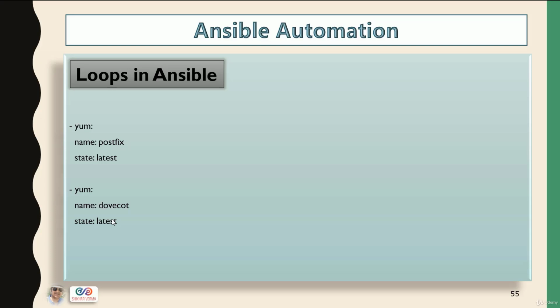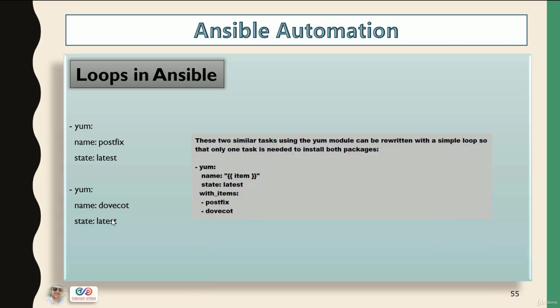But with the help of loop you can simply write the same task in this way as well. So these 2 similar tasks using the yum module can be rewritten with a simple loop so that only one task is needed to install both the packages.